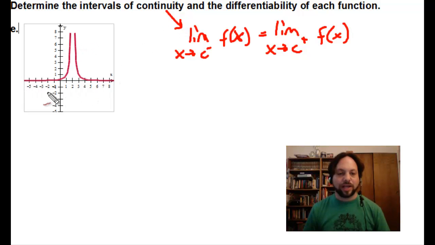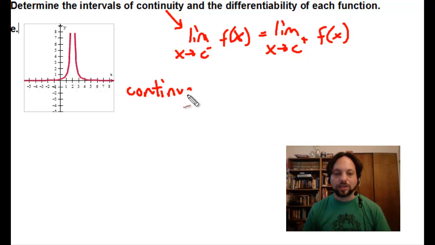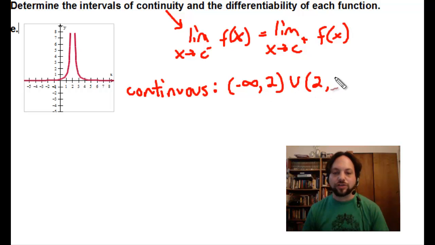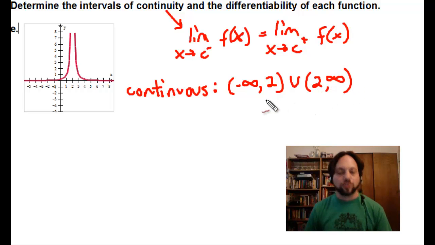That being said, if we take a look at this function right here, where is it continuous? Well, it looks like it's continuous everywhere except at its asymptote. So the way we could say that is negative infinity to positive 2, joined with the union of 2 to positive infinity, is one way we could write it.